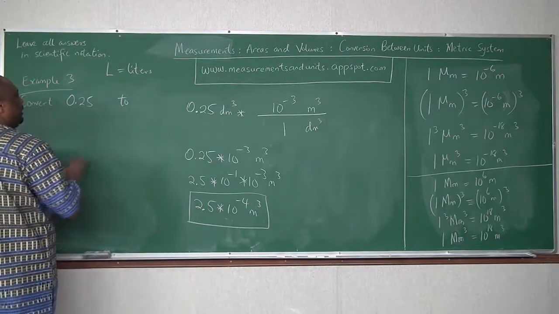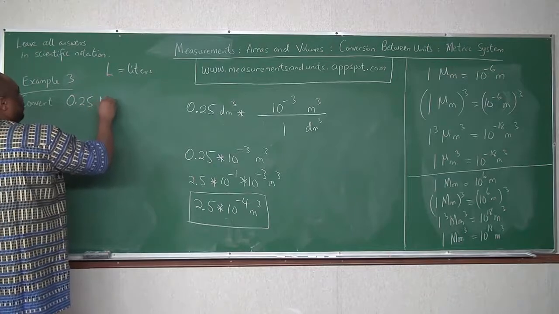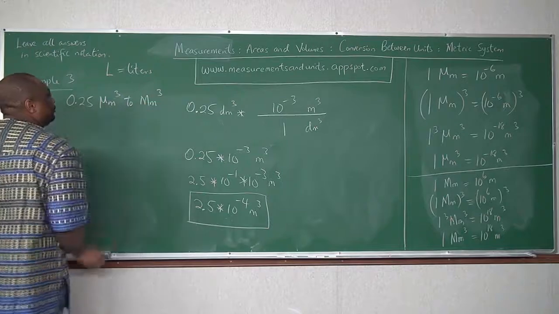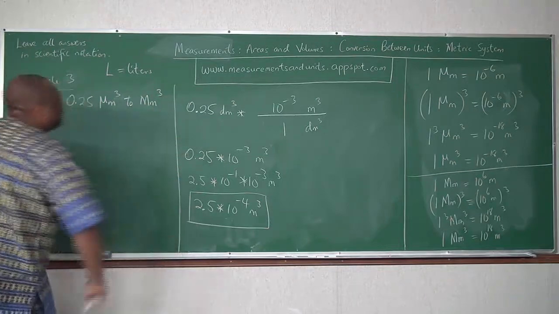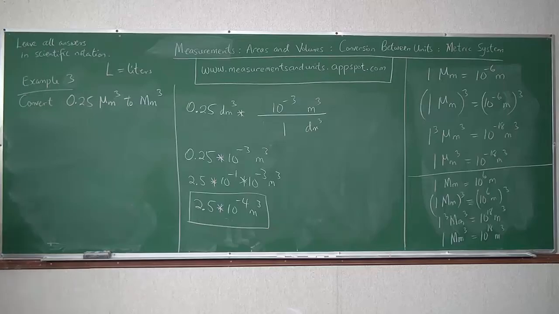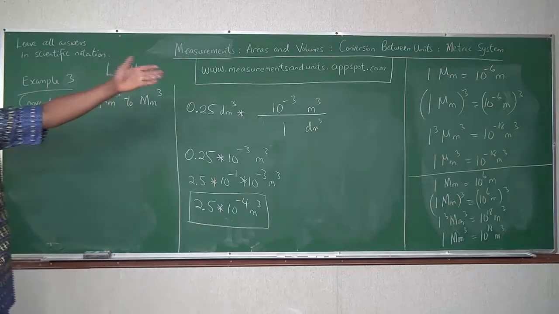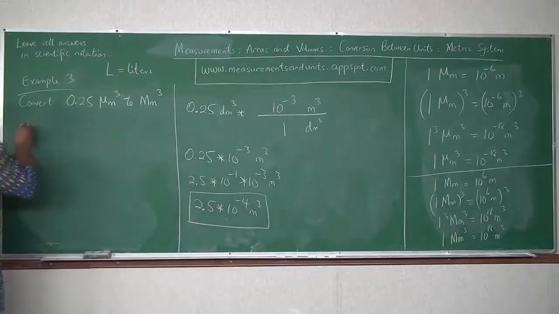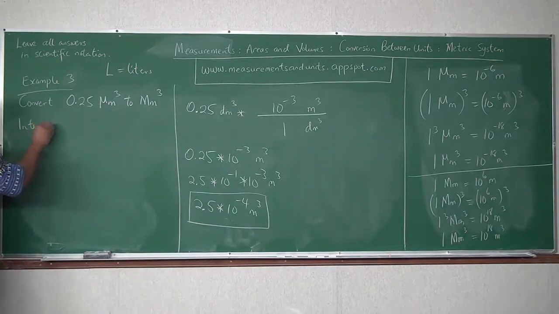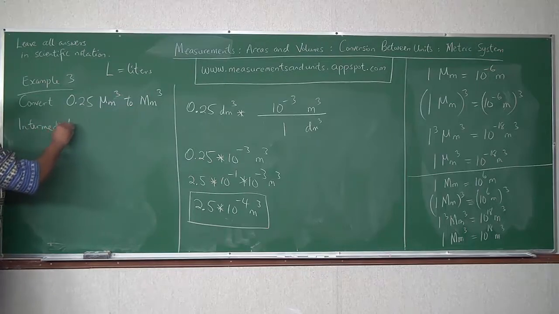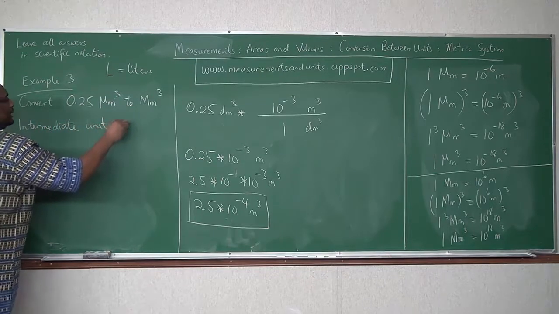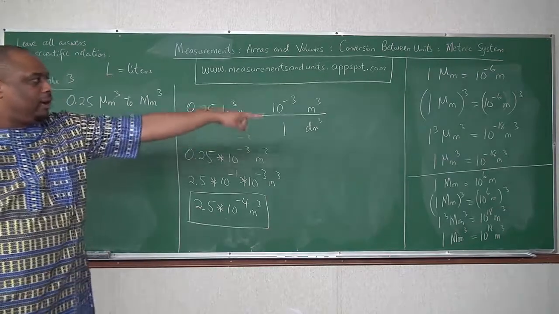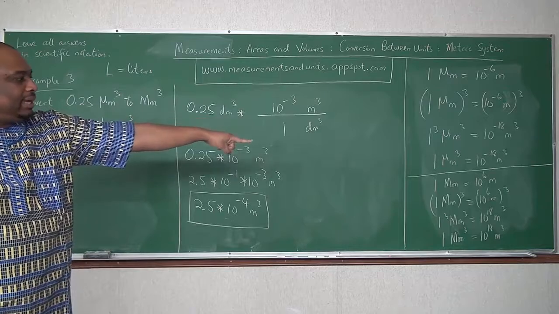Convert 0.25 micrometer cube to megameter cube. Okay, so we have already established the intermediate unit is meter cube, because we need that. The intermediate unit is meter cube. And we have already established it here, how we could find the intermediate unit.